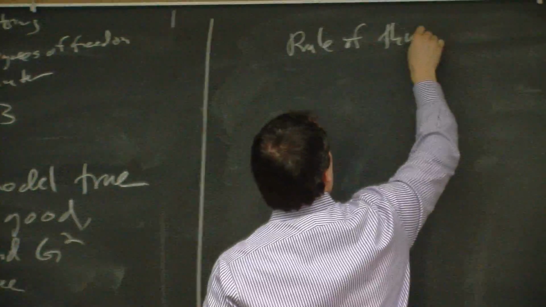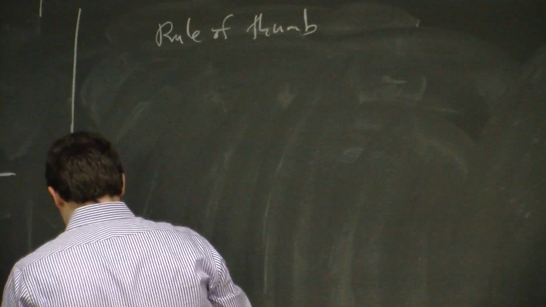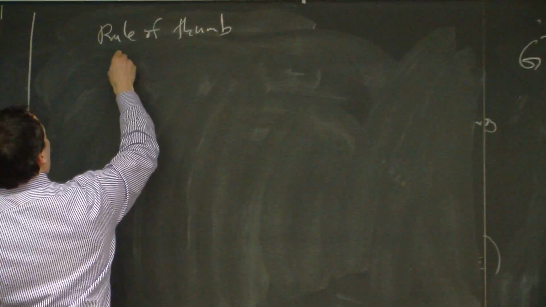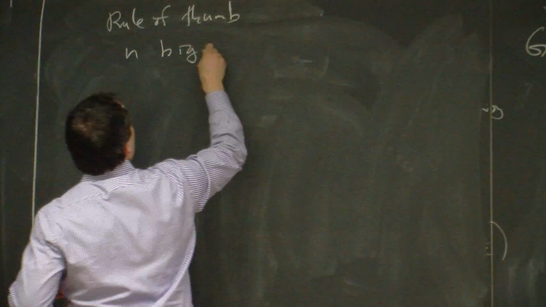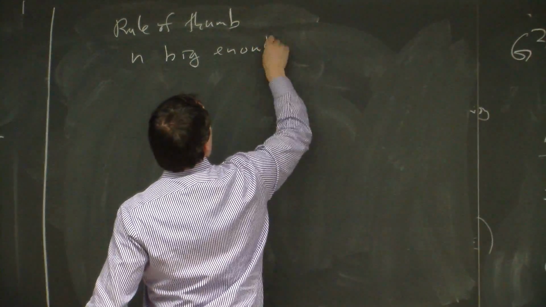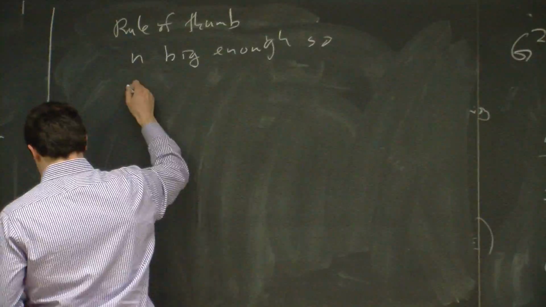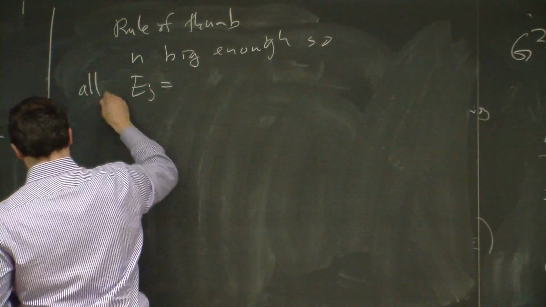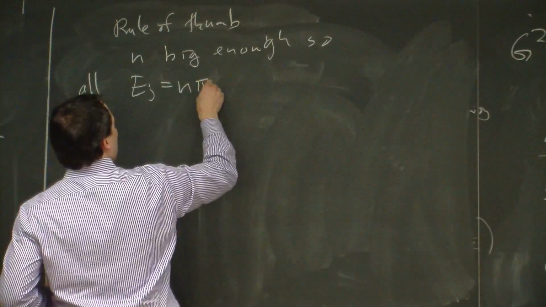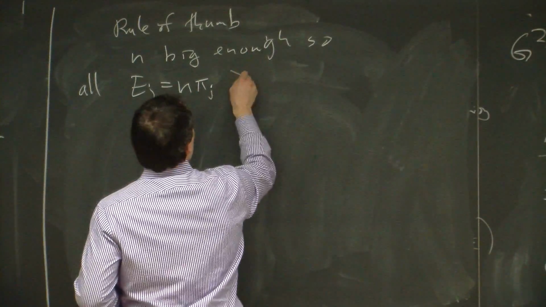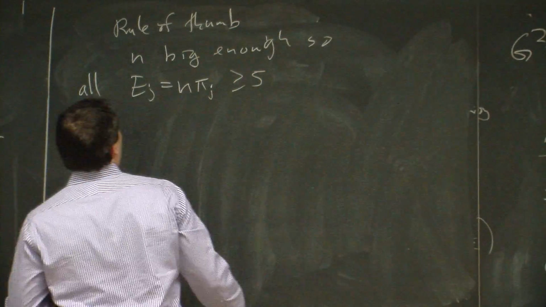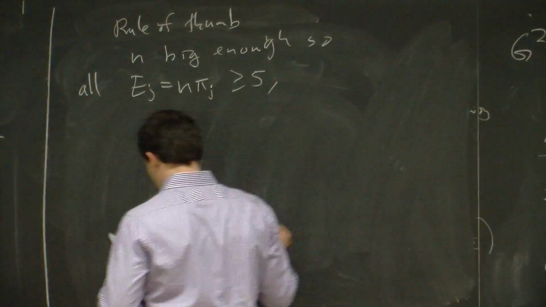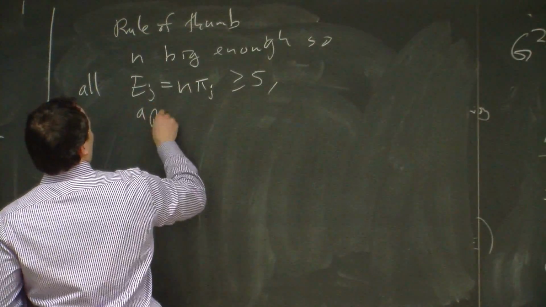So an old rule of thumb is if n is big enough so that all the expected cells are at least 5, the approximation is okay.